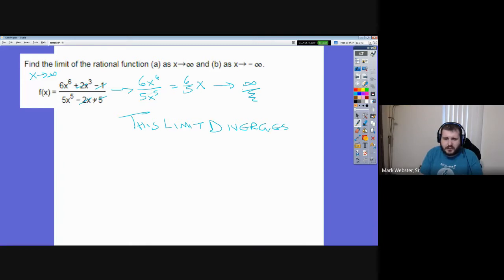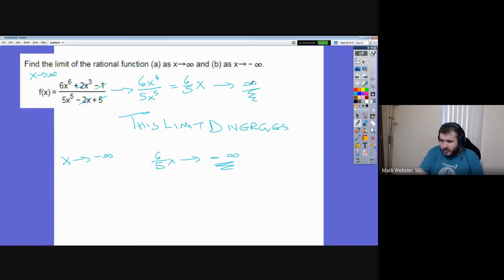What's the limit of the function as x goes to negative infinity? Goes to negative infinity. But I want to talk about the fact that infinity is not a number, right?